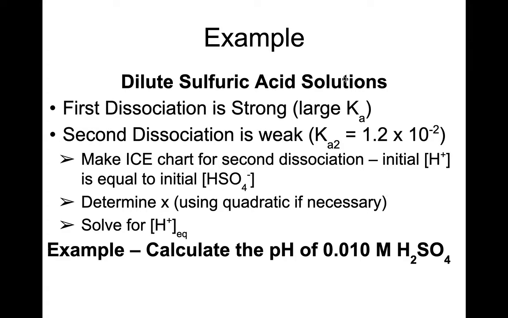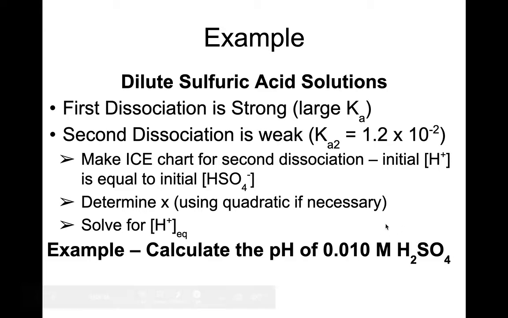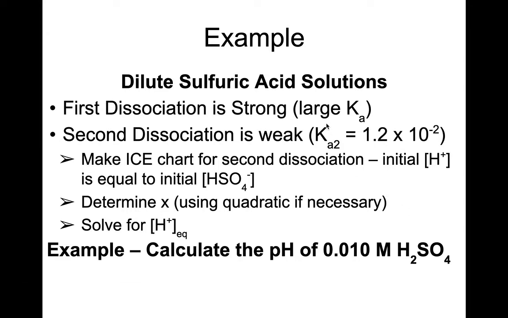If we're told that we have a large dissociation constant, it means we're assuming that for every mole of acid we dissolve, we get 1 mole of hydrogen dissociated. If it's very large, we're going to assume it pretty much 100% dissociates. Then, just like before, we can determine X and solve for the final concentration of hydrogen.